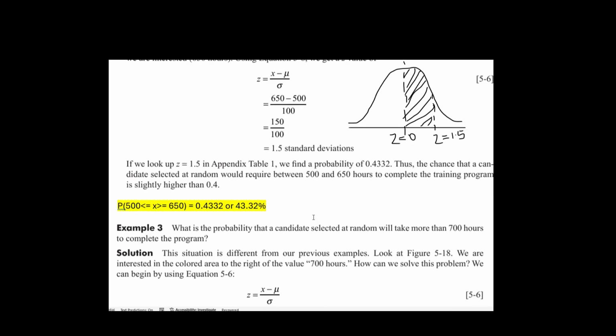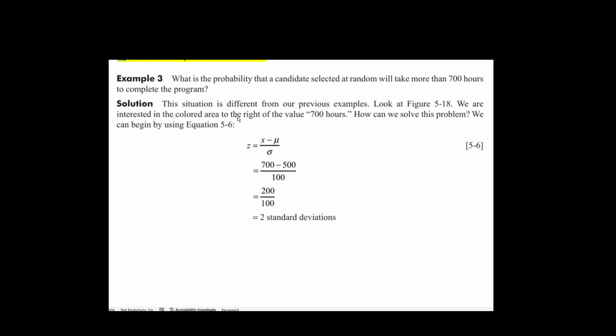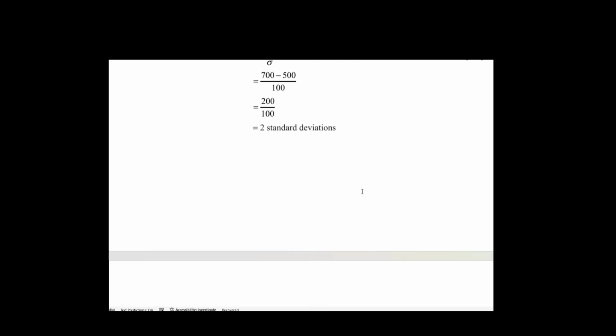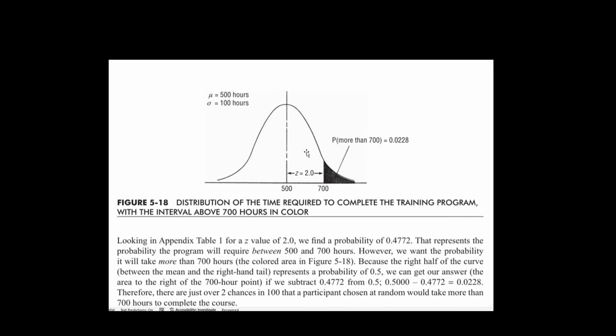Now the next one: what is the probability that a candidate selected at random will take more than 700 hours? The first step is to find the value of Z at 700 hours, and we got 2. When you draw the diagram, because you are talking about more than 700 hours, the area of my interest is on the right side of 700 hours.